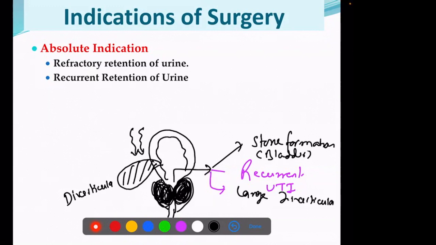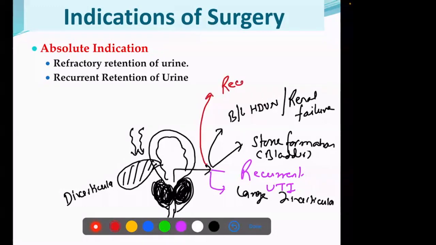If there is bilateral hydroureteronephrosis, or we can say renal failure. If the patient has recurrent hematuria, these are all complications associated with BPH. If a patient comes to you with BPH with any one of the complications, any one, then we plan for surgery.